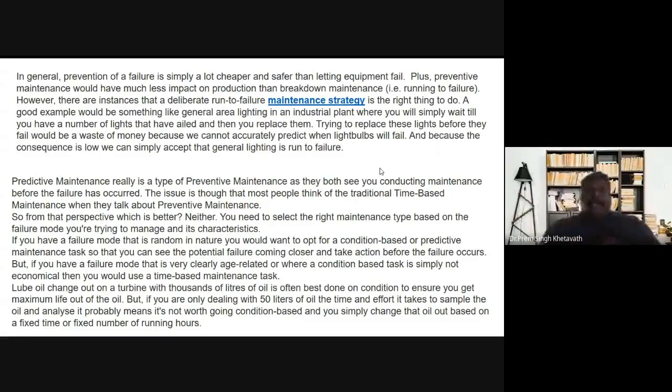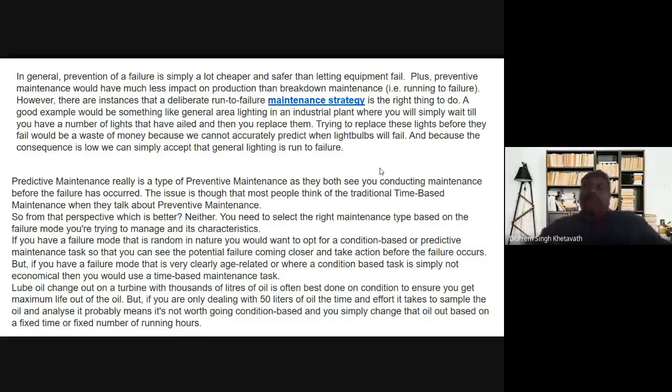Maintenance strategy here is deliberate run to failure, which is the right thing to do here. Once the light fails, only then we replace that light. Otherwise, after one year we would compulsorily have to remove that light and use a new bulb though it is still running. That we cannot do. That maintenance strategy is the right thing to do.